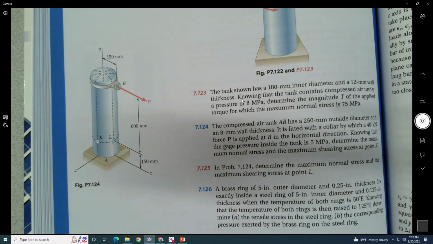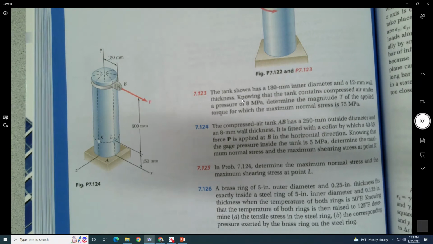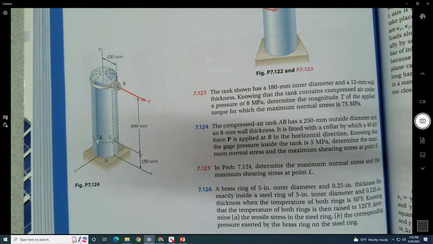I really enjoyed it. Okay, so there's a 150 millimeter radius, I guess. And other information here, which one are we looking at? 124, right? But the thing says 124 as well. So which one is it? This says 124, right? Yeah. A compressed air tank has a 250 millimeter outside diameter. Okay. Oh, I see, because of the edge of the thing, that's why.